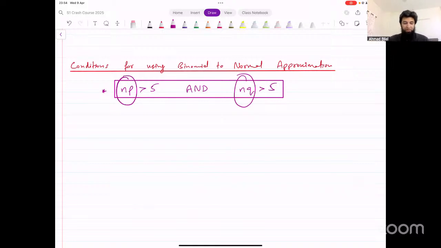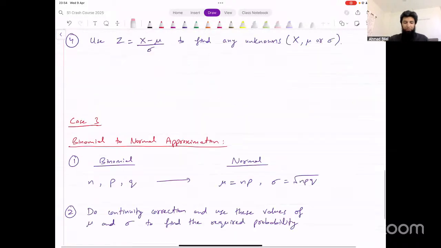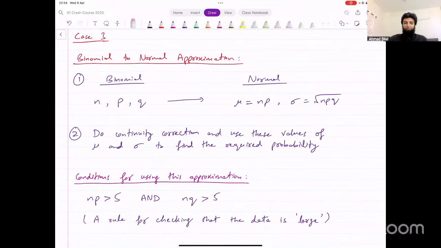Okay, so now this is the last concept that we've got. Third type of questions that you will get, binomial to normal approximation. You would have a binomial distribution with some value for n, p and q, and you would have to convert that to a normal distribution. You would find the mean and standard deviation using these formulas.